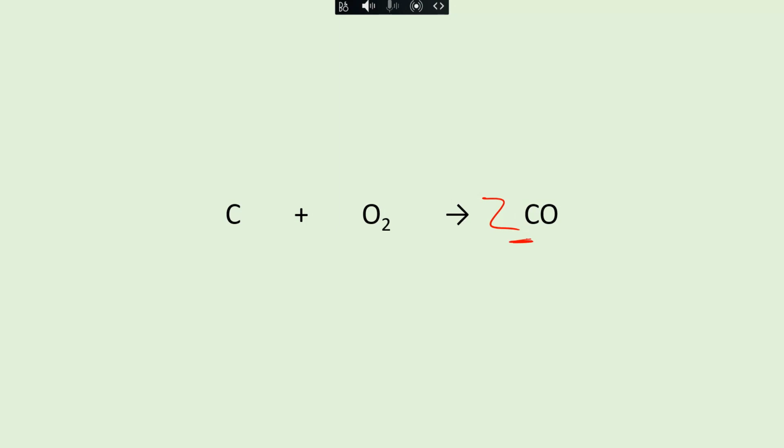I had 1 at the start, I had 1 at the end. But now suddenly I've got 2 at the end. So I have to go back and change how much I had at the start by putting a 2 there. So I've now got 2 carbons at the start, I've got 2 carbons at the end. I've got 2 oxygen atoms at the start, and I've got 2 oxygen atoms at the end. So it's balanced.